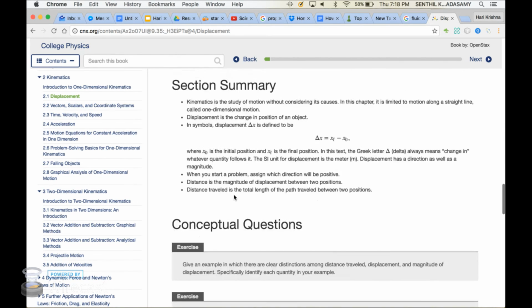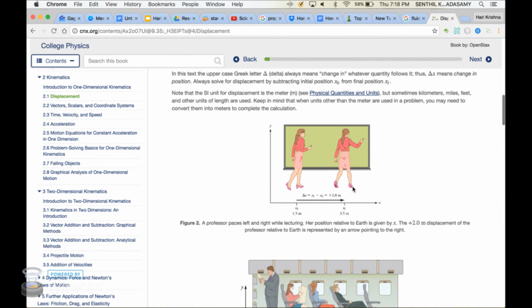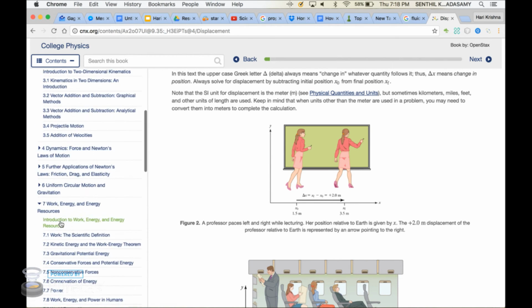So you can see that you get knowledge on what displacement is, which is position but different, because displacement looks at final minus initial position. Okay, and these are all the various units that you can find.